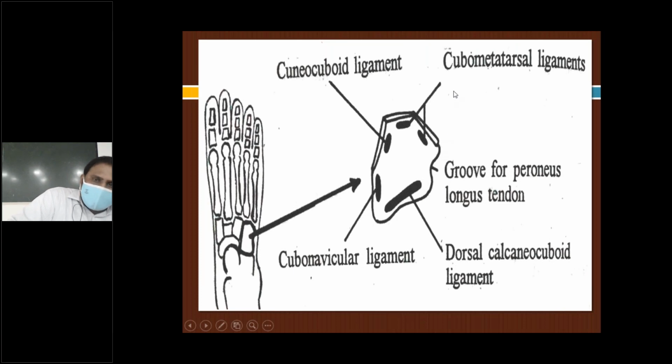The cuboid is bound by the cubometatarsal ligaments, cuneocuboid ligament, cubonavicular ligament, and dorsal navicular ligaments.